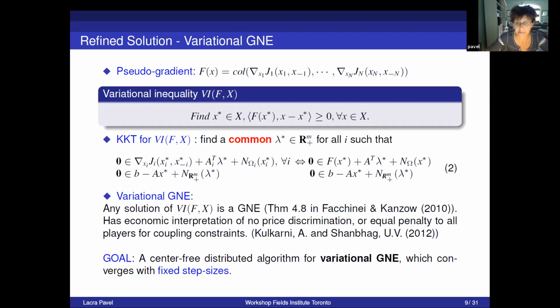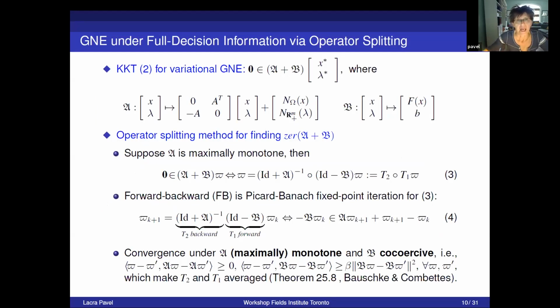Now, this is where the operator theoretic approach comes into play, because those KKT conditions too can be even further put in a more compact form, saying that they represent the condition for finding a zero of an operator that can be split into the sum of 2 operators, A and B. So essentially, the two operators are shown here, representing the normal cones, as I was talking about, as well as the matrices involving the coupled constraints.